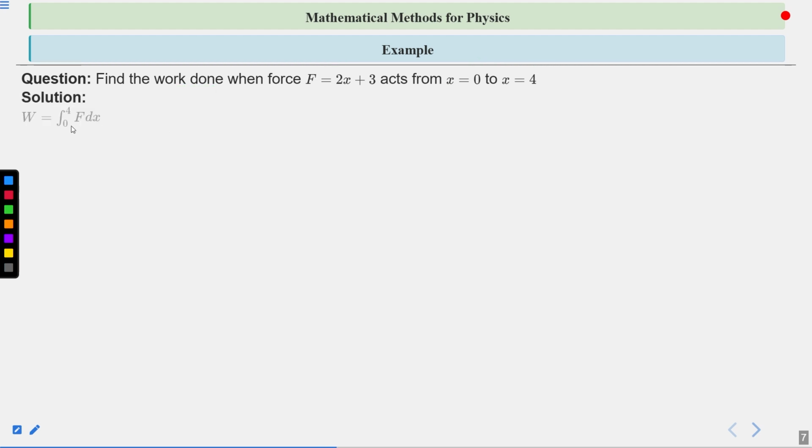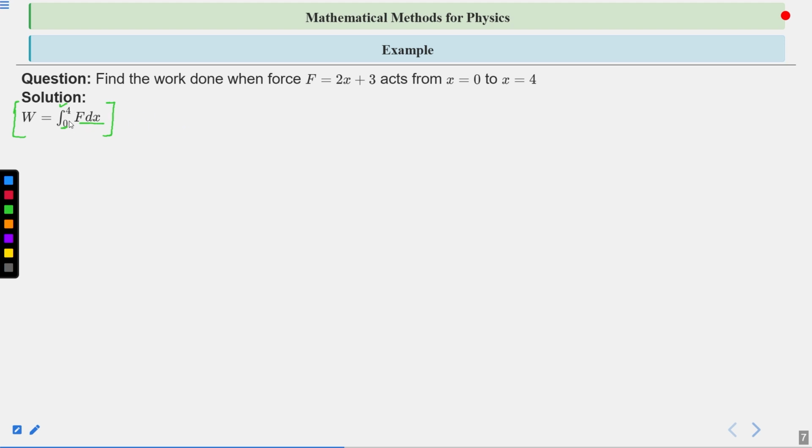Solution. So to calculate work done, W is equal to integration of F dx. Here our main aim is to improve your integration and differentiation calculation using the concept of work and other concepts.